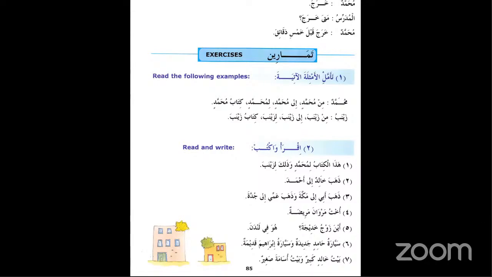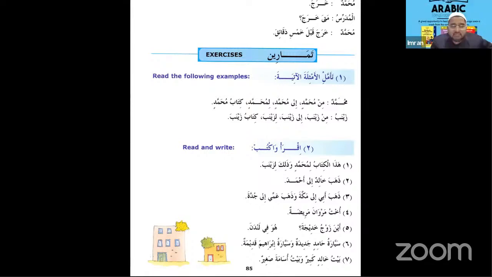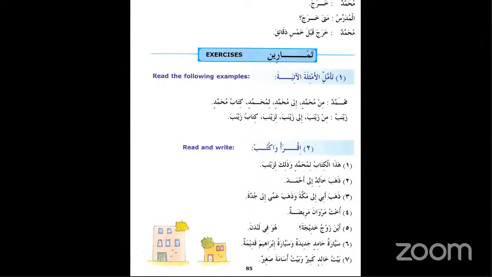Sayyaratu Hamidin jadidatun. The vehicle of Hamid is new. Wasayyaratu Ibrahima qadimatun. And the vehicle of Ibrahim is old. Where is the actual diptote here? Ibrahima. Excellent.